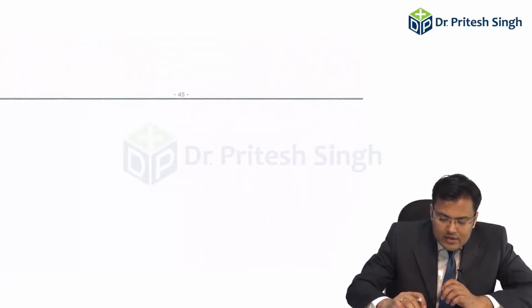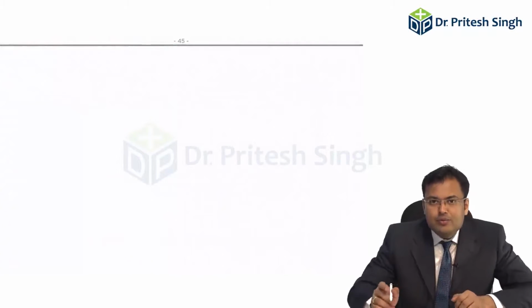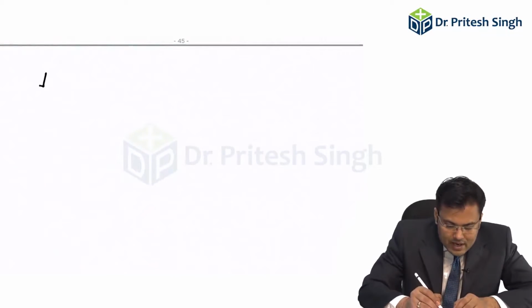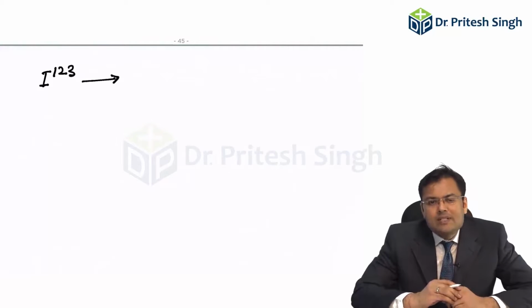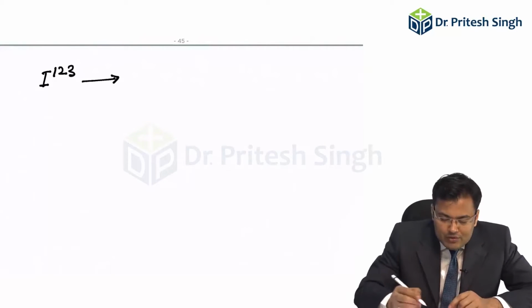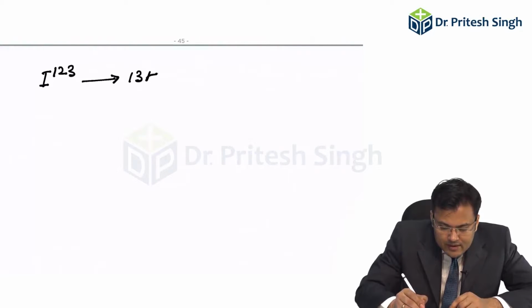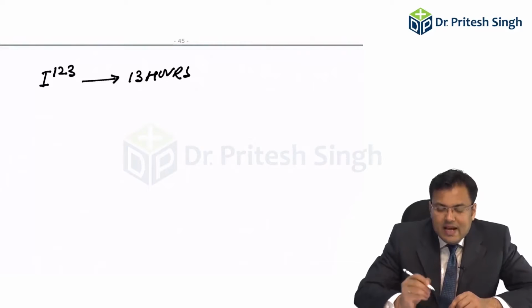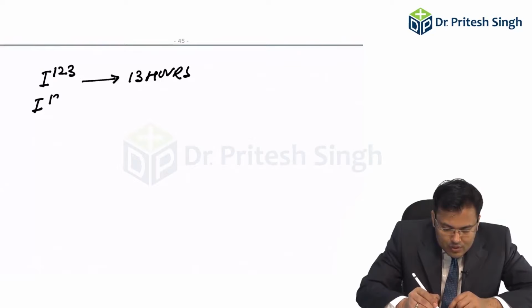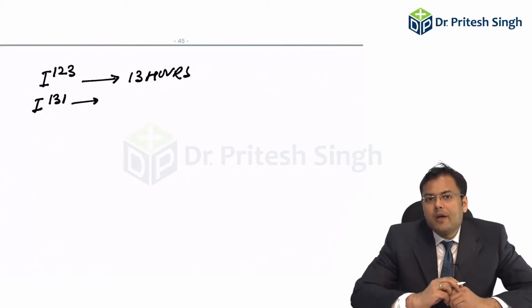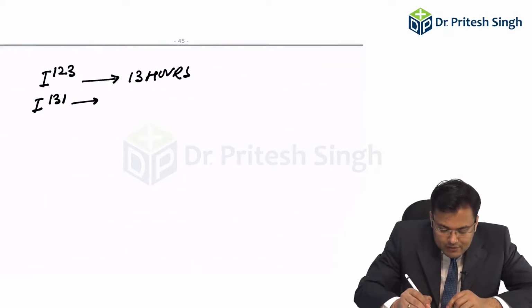What radioactive iodine isotopes are used? One is iodine 123. What is the half-life of iodine 123? 13 hours. And second, iodine 131. What is the half-life of iodine 131? That's 8 days.